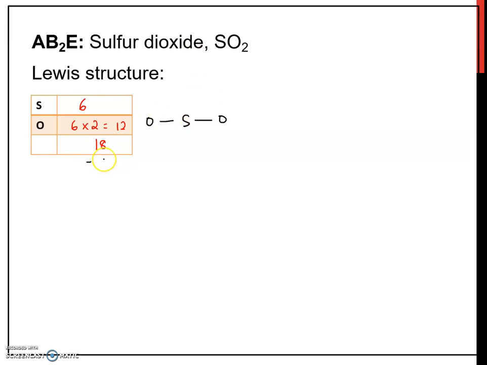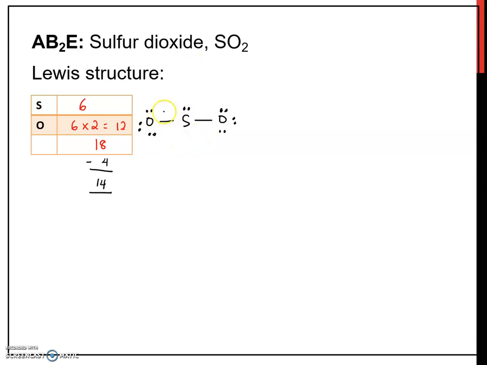So to know the non-bonding electrons, 18 minus 4, 2 and another 2 here for bonding pairs. So 14 non-bonding electrons are left. So we put lone pairs on oxygen. So now there are 2, 4, 6, 8, 10, 12. We need to balance 2, one lone pair on sulfur.